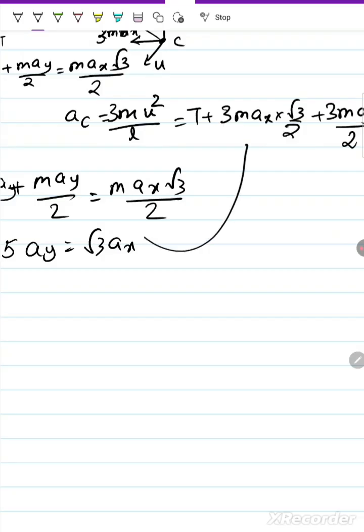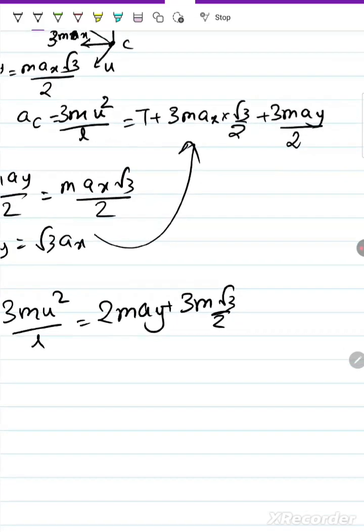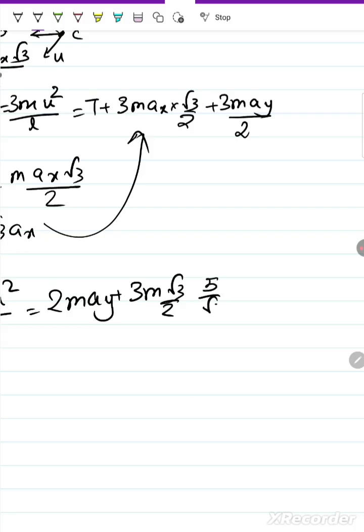Substituting ax in this equation, we get 3u square by L is equal to 2may plus 3m root 3 by 2 times ax, which is 5 by root 3 ay, plus 3may by 2.